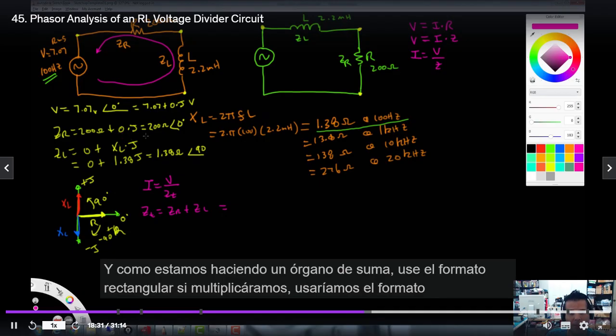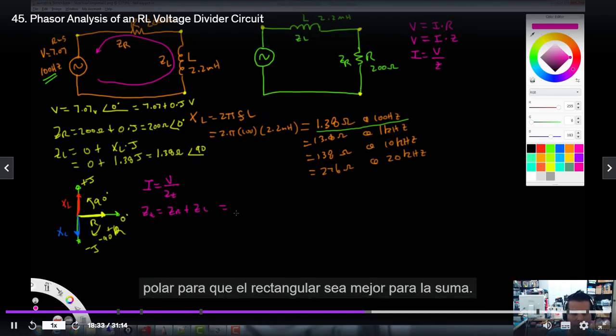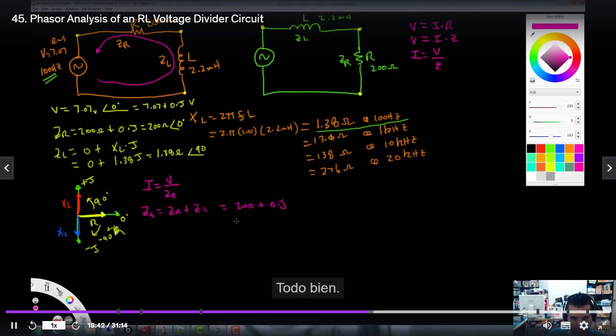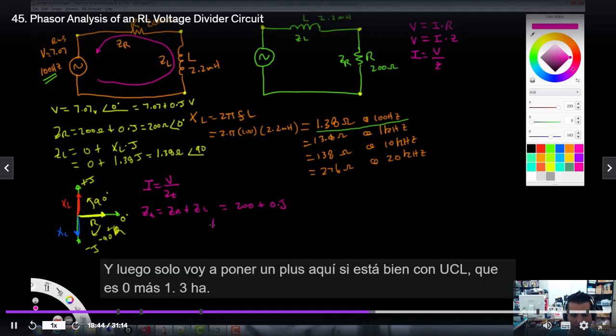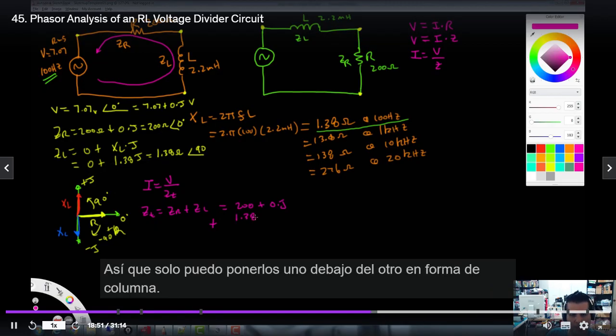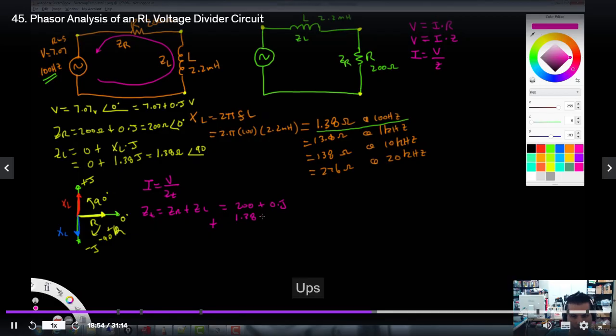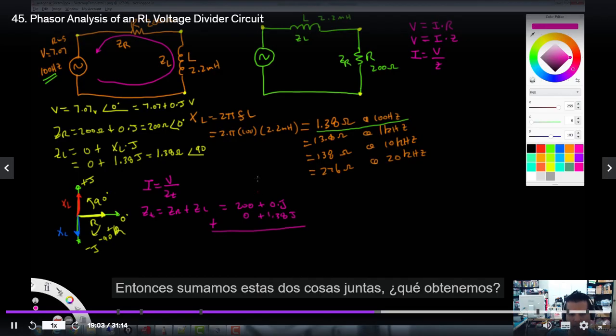If we're multiplying, we would use the polar format, but the rectangular is better for addition. So we have 200 plus 0j, and then plus ZL, which is 0 plus 1.38j, just so I can put them under each other in column form.